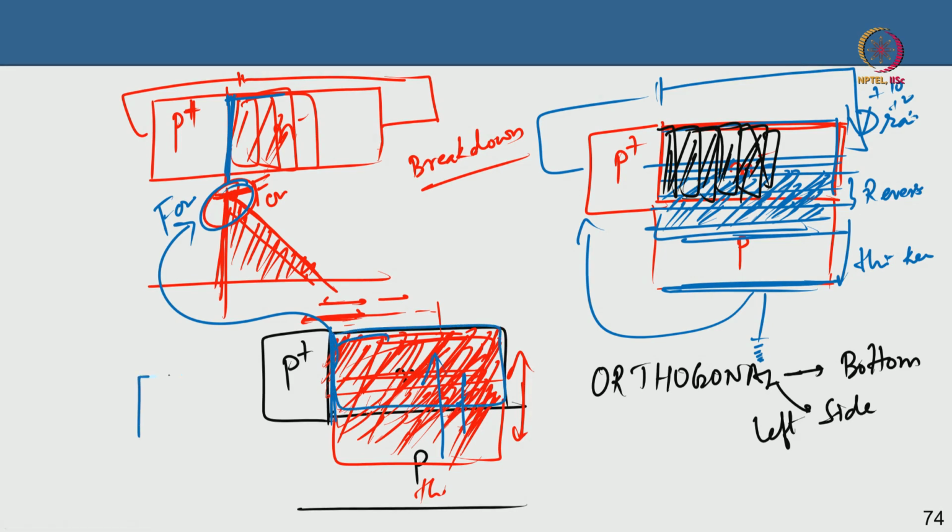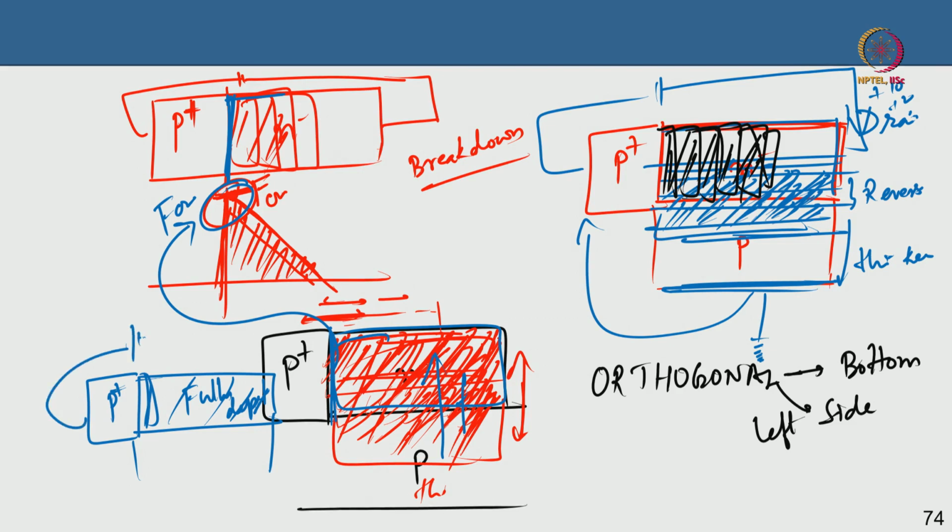So, you have an entire n type region that is fully depleted because of the vertical junction, and then there is a p plus here which is starting to deplete, but this is already depleted. So, if the n type region is fully depleted, then in the lateral direction, you do not have to expend effort in uncovering the mobile charges, I mean the ionized impurities.